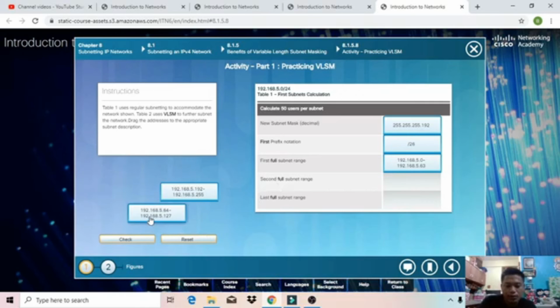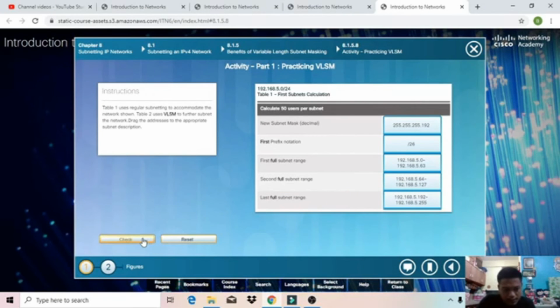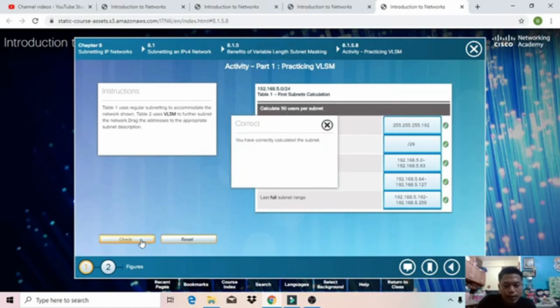So that is 192.168.5.64 to 192.168.5.127. The last is the last full subnet range. So this is the last. Let's check if the answer is correct. Correct, you have correctly calculated the subnet.